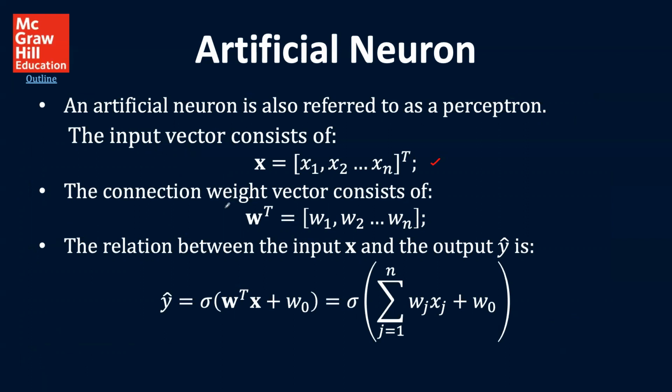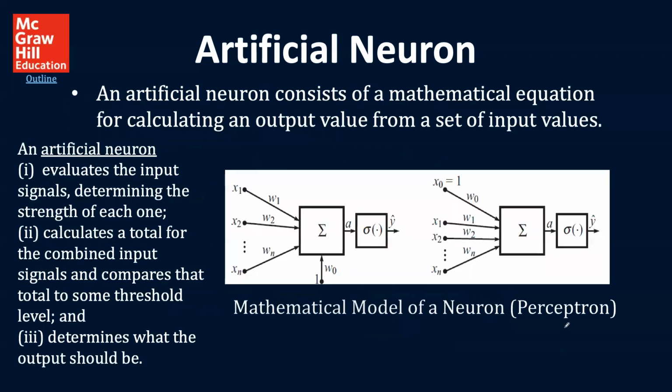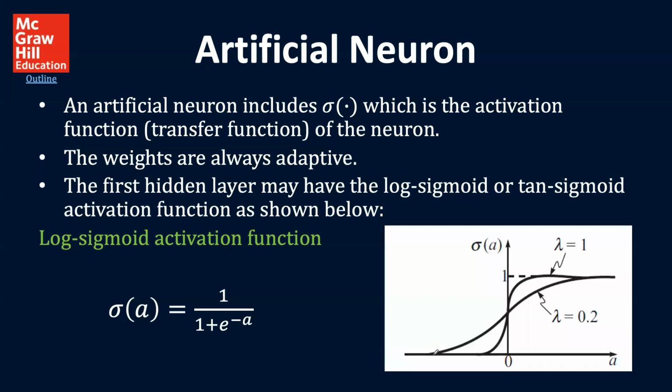The relationship between the input X and the output Y hat is given here: sigma times the quantity W transpose X plus W0, which is equal to sigma times the quantity, the summation of j equals 1 to N of Wj Xj plus W0. Those are just a couple of ways of representing what we're showing in these figures. And that's how that works.